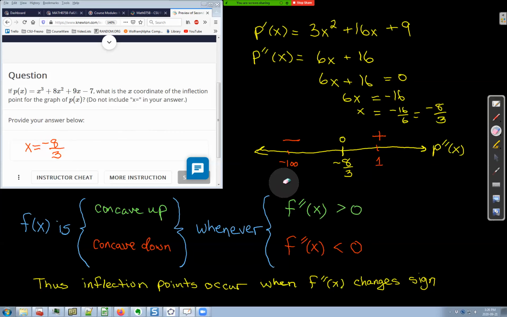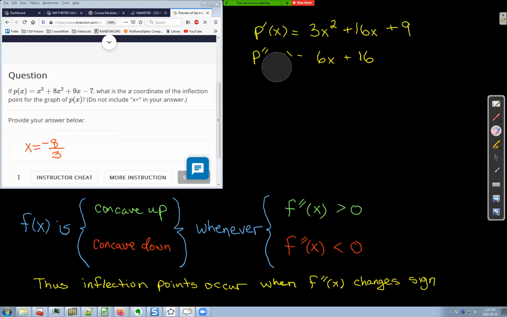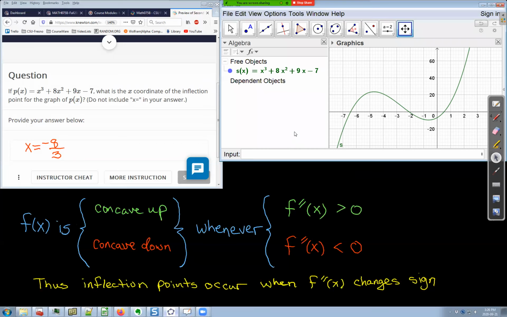Okay, so I'm going to erase all this now. If you need to see it still, you of course can just rewind the video. And now let's bring up the graph of the function. So there's the graph of the function. And if we just had to guess, where would there be an inflection point?